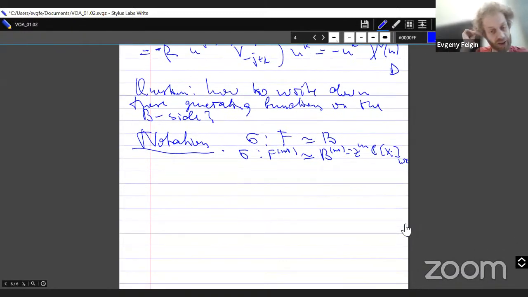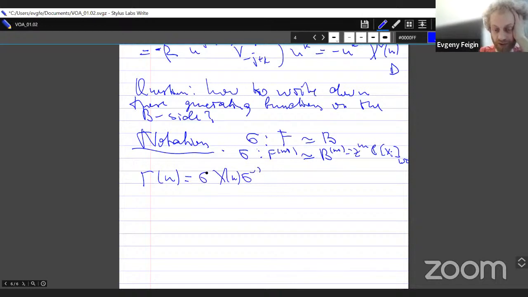Okay, and so we write gamma of u to be the following thing. So we take first sigma inverse, then x of u, and then sigma.